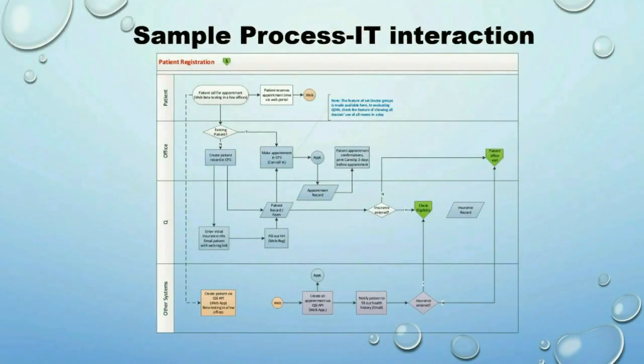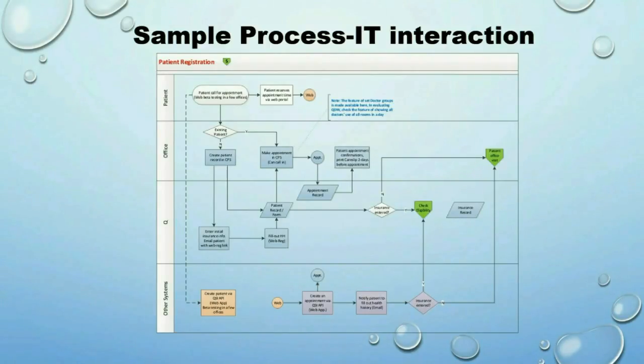Again, let's take an example. This is one particular sample process and IT interaction diagram that I drew for the DSO. This is about patient registration. As you can see, it looks like a process flow diagram. We have patient and office, who are functional agents who carry out certain business tasks.